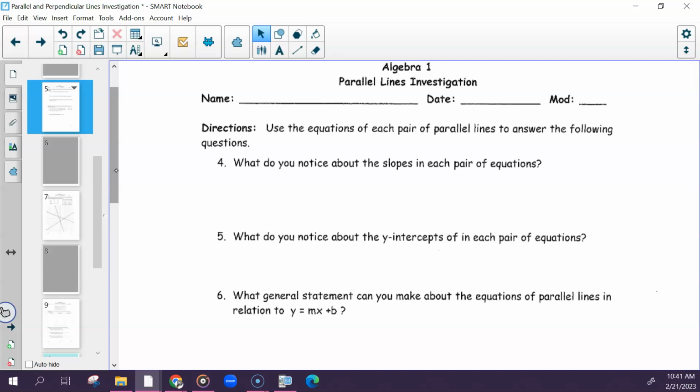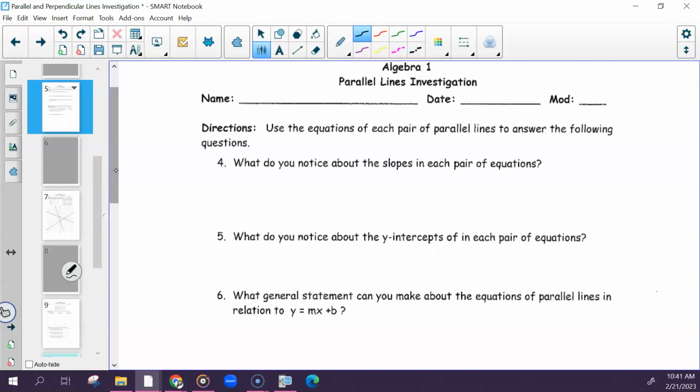So now I'm just going to ask you the same thing. What did you notice about the slopes of each pair? What did your groups write down? What did you find? Nathan? The slopes are the same.